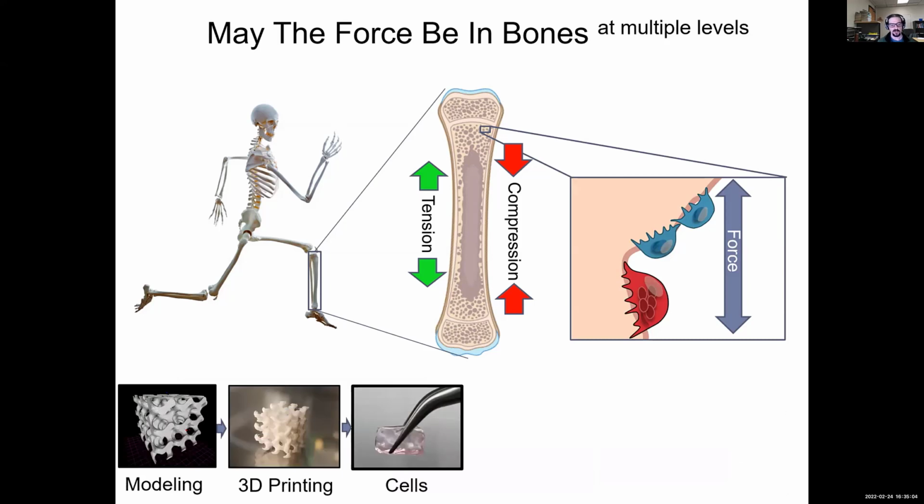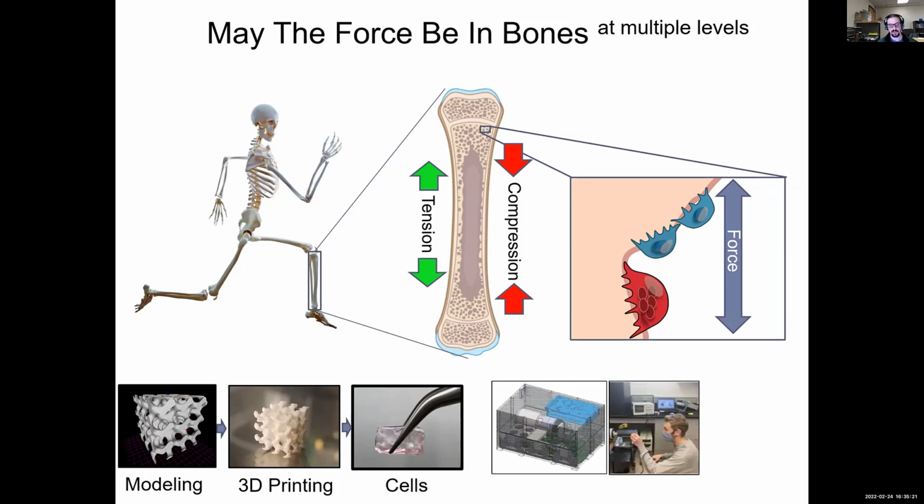At the tissue level, we try to mimic the mechanical forces that the bone is getting using tissue engineering approaches. Here's one example. We use 3D printed trabecular structures, and then we encapsulate them in hydrogels with cells. And then we also built some bioreactors to apply mechanical stimulation to these cells to understand how the mechanical environment connects with cell function.